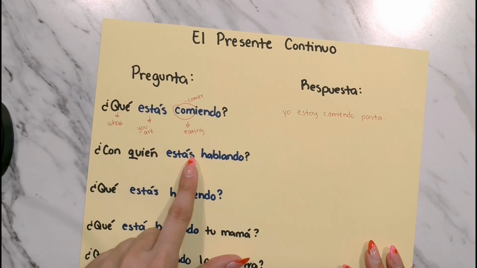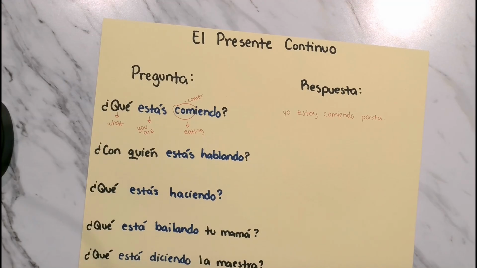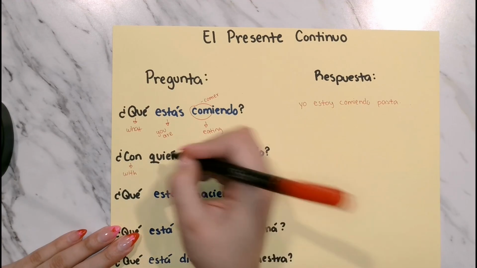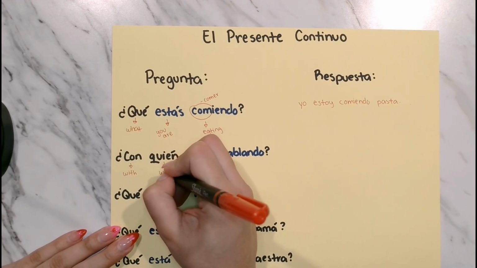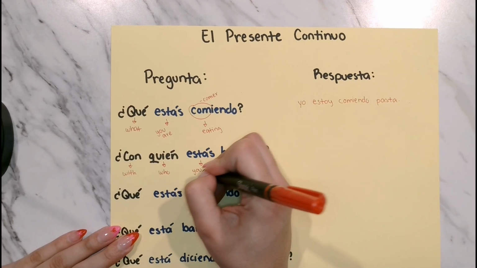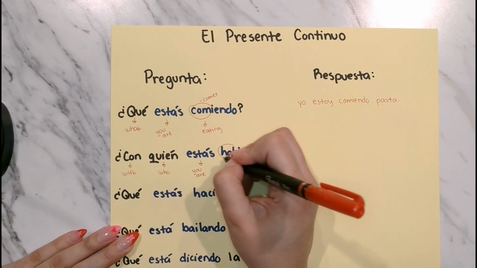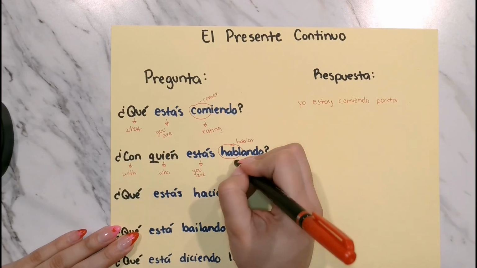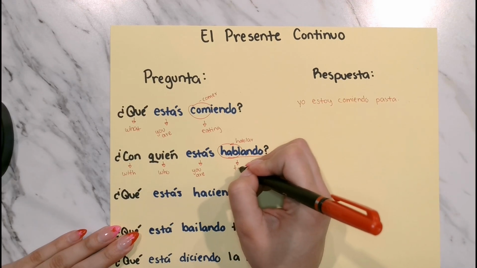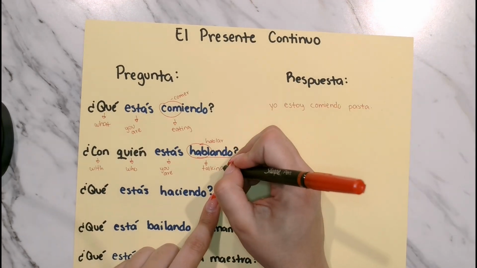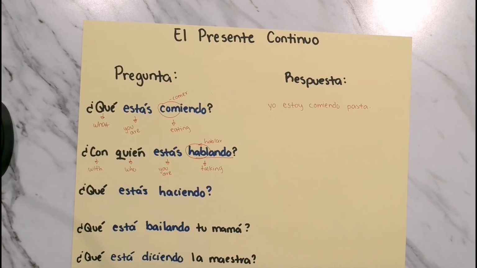¿Con quién estás hablando? Okay? We have with. ¿Quién means what? Who? You are. And then this comes to hablar. So that means talking. Who are you talking with? Okay? Remember, I know that is weird in English.